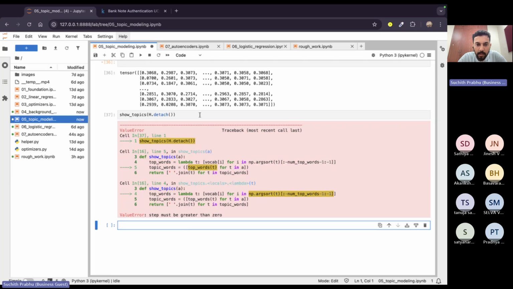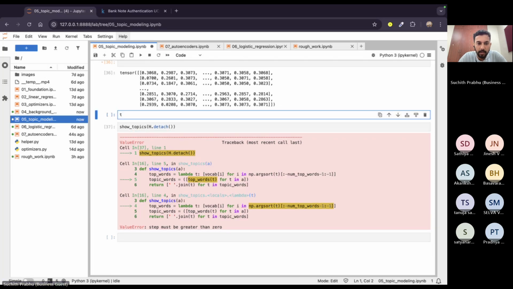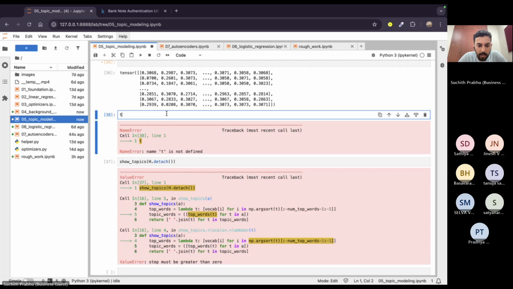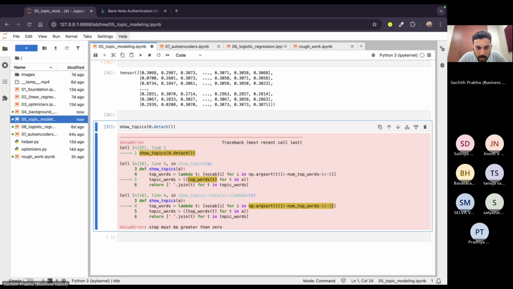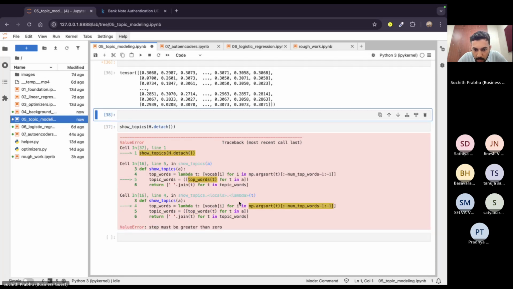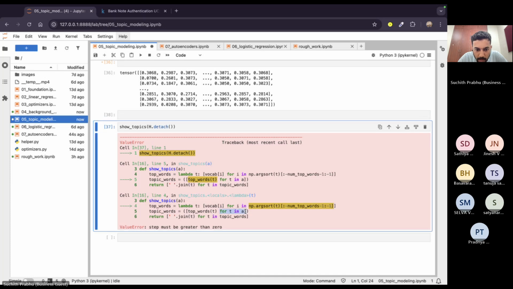There is some error over here. Let's see. What I'm doing here is going through each row of A and passing it through this, and it's just retrieving the top-k documents and joining.